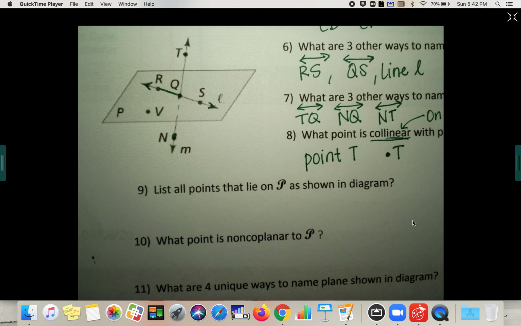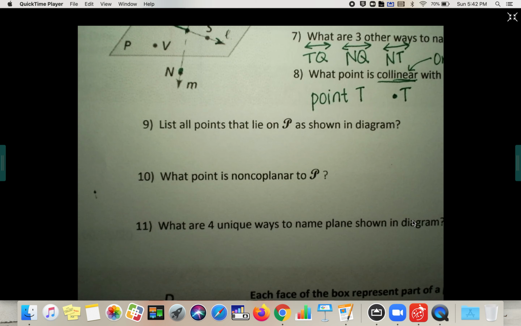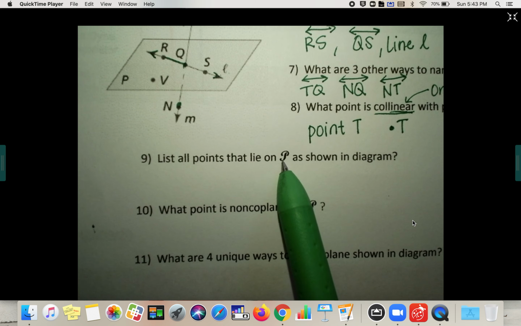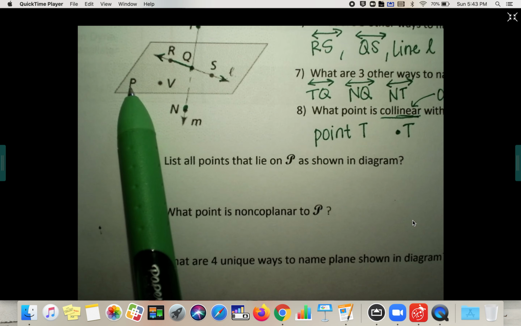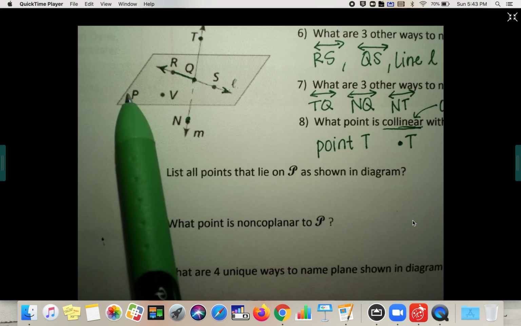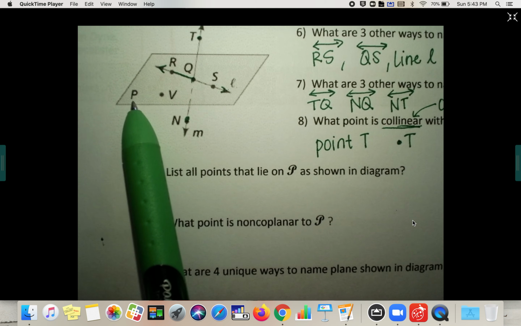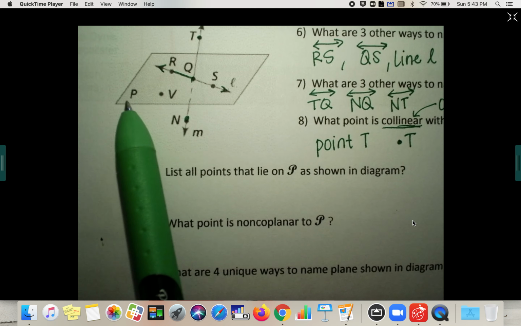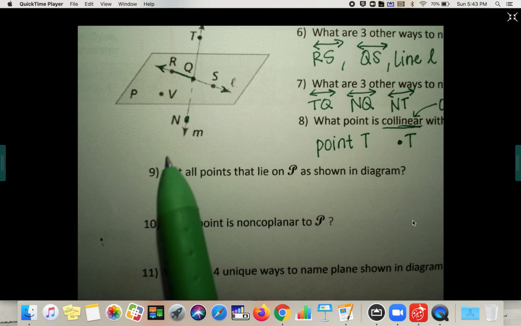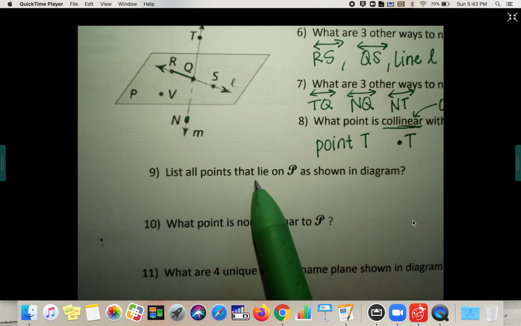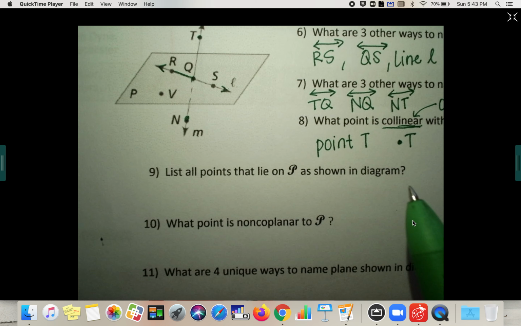Either way. All right. The next question says, list all points that lie on plane P, or just P. I just knew it was plane P because it's marked over here in the corner, and a lot of planes are marked with the letter P just because it stands for that. It doesn't actually have to be a P, but a lot of times it will be. So list all the points that lie on plane P as shown in the diagram.